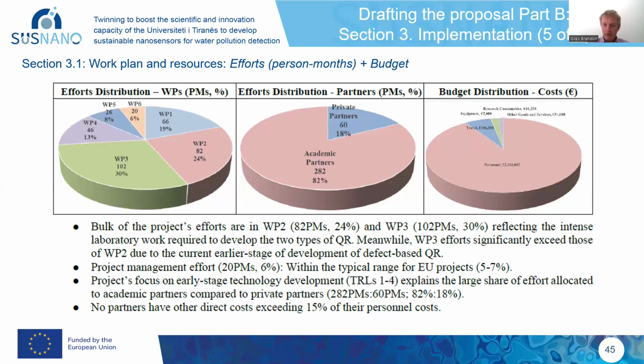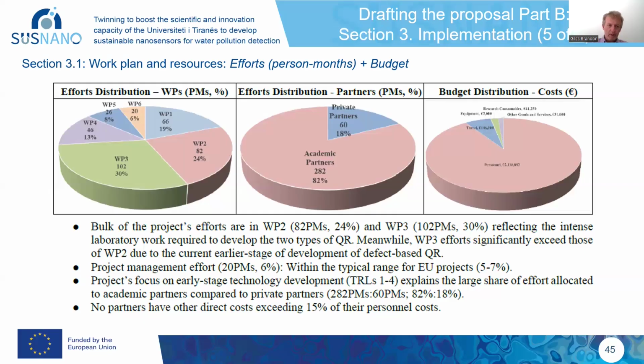And then the last one, the pie chart on the right, this shows the actual distribution of the budget costs for things like personnel, travel, equipment, and so forth. Now, that's a quick word about those. Let me say some specifics about each of those specific considerations that you think about for each of those pie charts. So, okay, first one, the efforts distribution across the work packages.